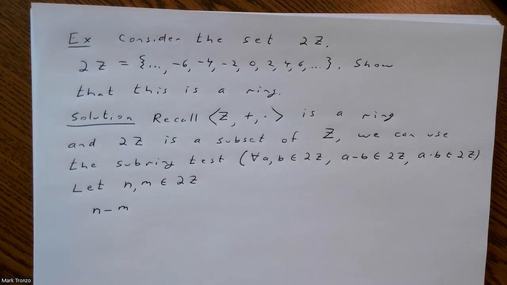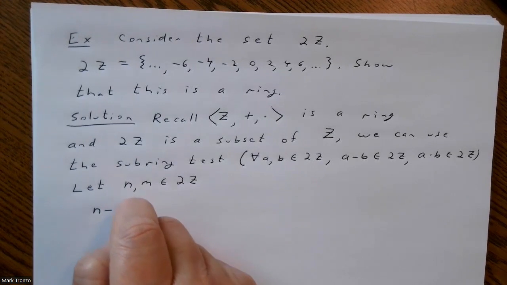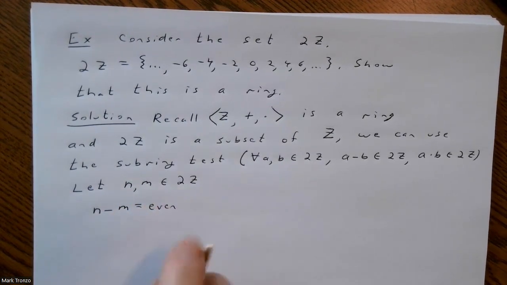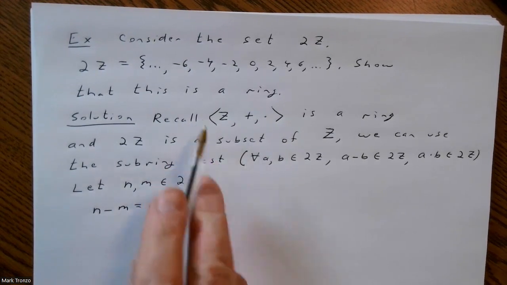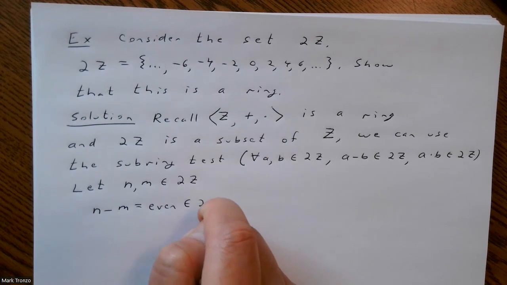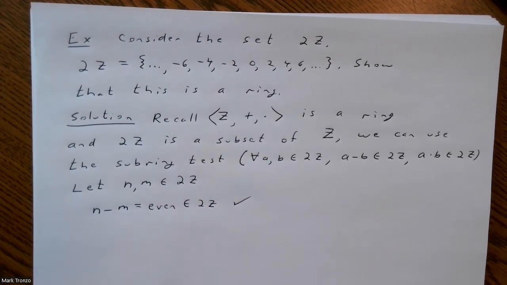The difference of two even numbers is going to be even, so that's going to be in 2Z. So that passes that test.